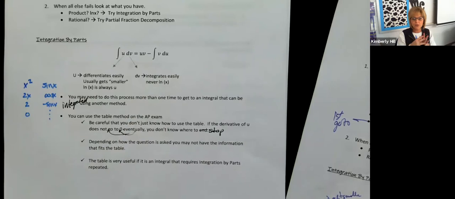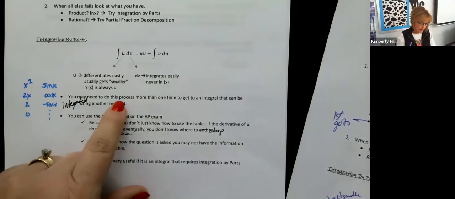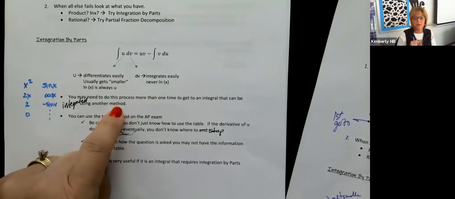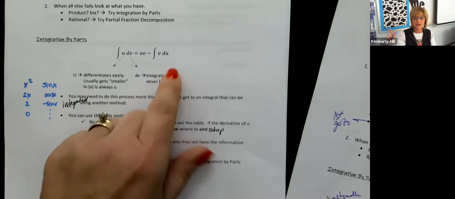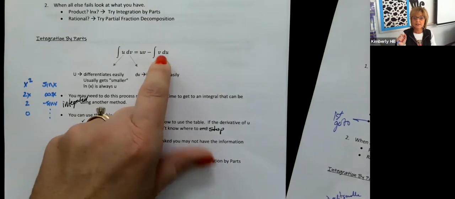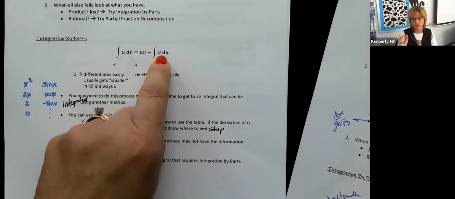Things that are important to know for the AP exam. You may have to do the process more than one time to get it down to an integral that you know what to do with. So you just have to keep doing the process. So you do it once. If what's left inside of your integral still needs integration by parts, then you would do it again and again. We'll look at some examples.